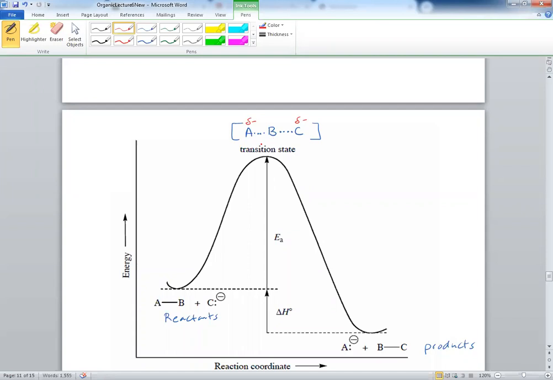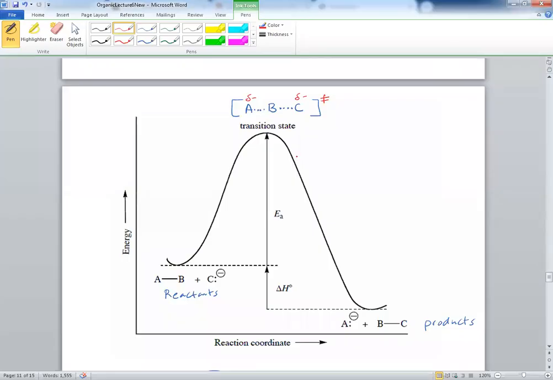C is bringing its electrons with it, A is taking its electrons with it. And you put that in a double dagger like that. That shows the transition state. We'll talk about them when we meet on Thursday, how to draw them. They're not as bad as you might think.